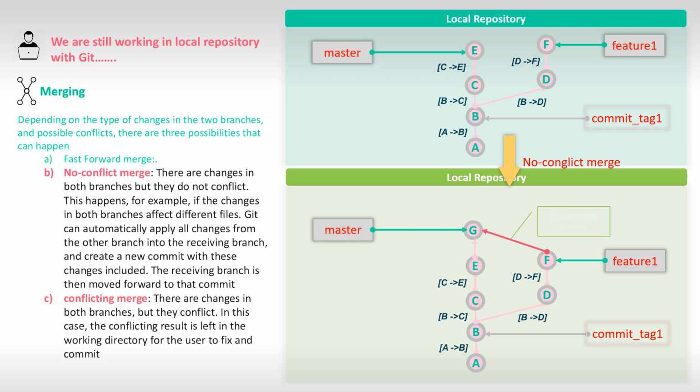We have to check which commit should be entered first and which commit should be entered later. That we have to give manually. Once you have given it manually, the system will execute that command. So that's called a conflicting merge. So with this, we have seen all three types of merging: fast forward, no conflict, and conflicting merge.